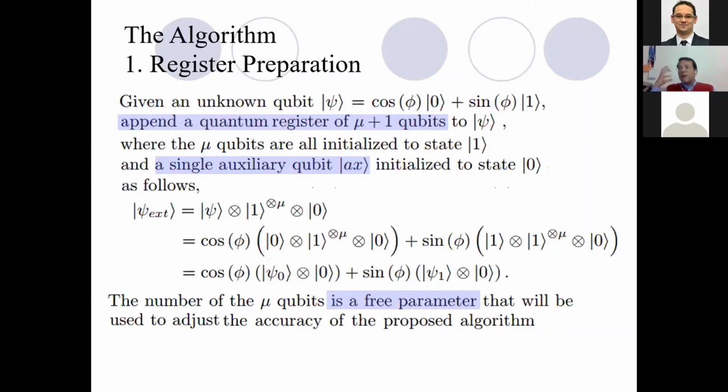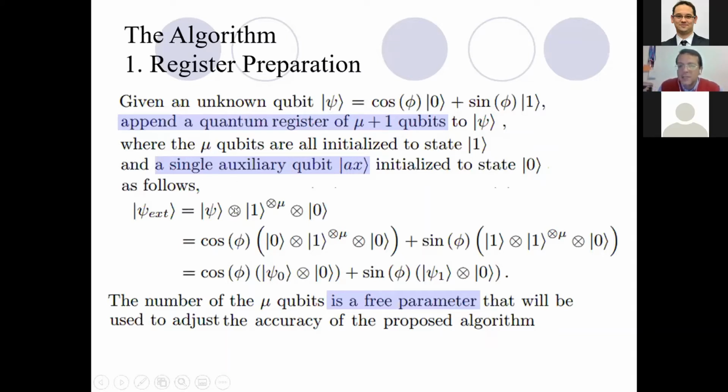So let's visualize the circuit without removing the dummy qubits, just to understand what happens and what the effect of this mu is. The system here: this is the unknown qubit, and this is the auxiliary qubit. You can see the mouse, right?